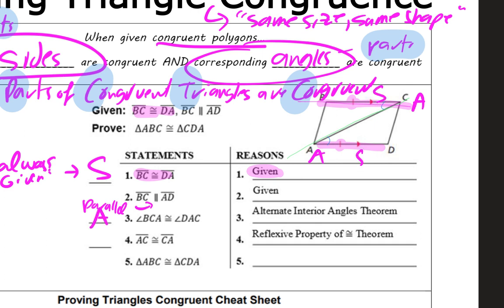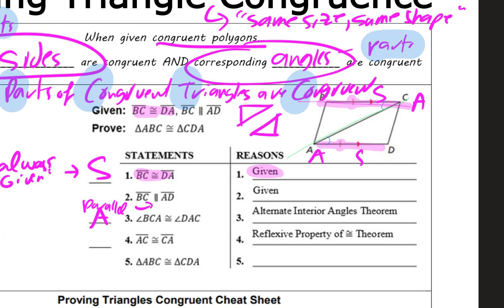Next, AC is congruent with CA. If we think about it, these are two triangles. This is one triangle right here, and this is another triangle right here.